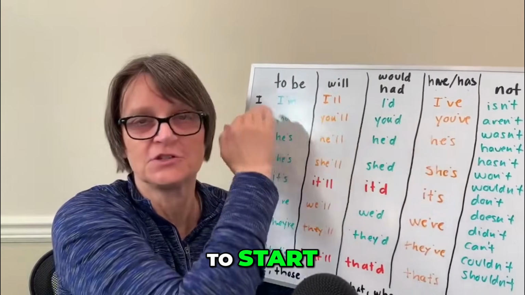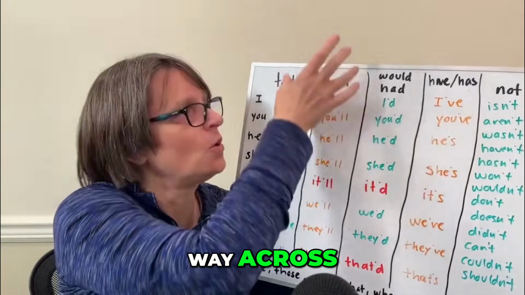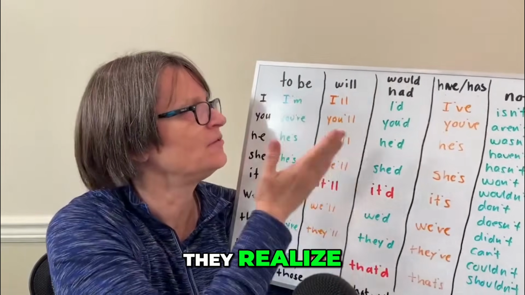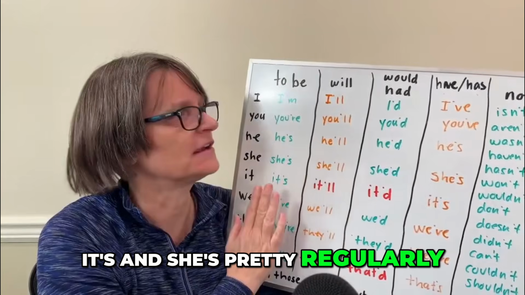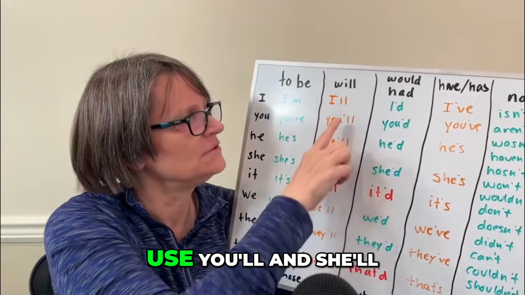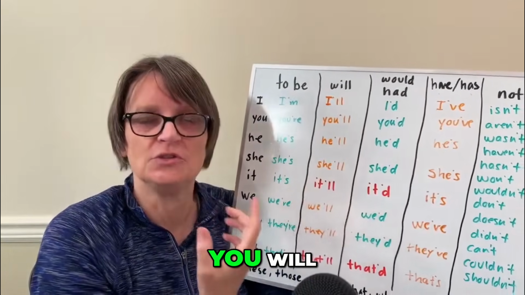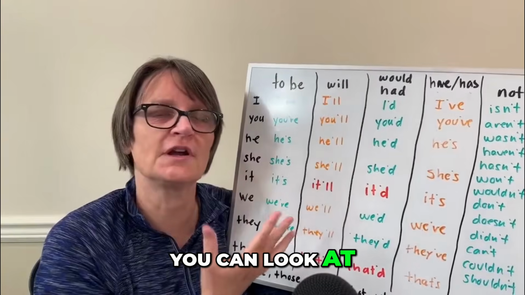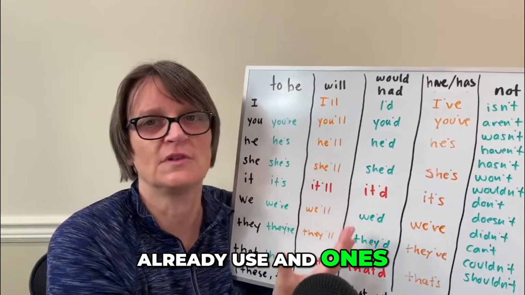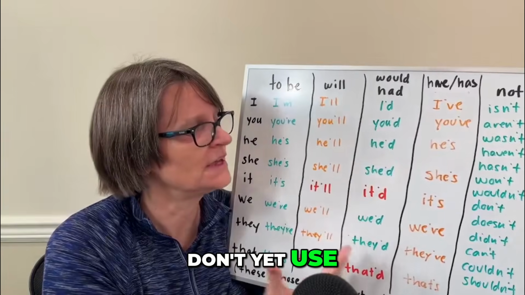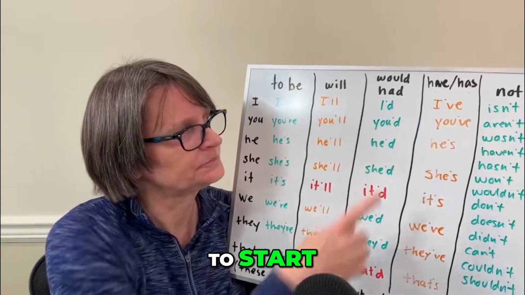That's a good place to start, kind of working your way across. Or for many people, they realize, yeah, I use I'm and it's and she's pretty regularly, but I don't really use you'll and she'll. I tend to say you will, she will. So if you can look at this and find contractions that feel natural to already use and ones that you recognize you don't yet use, that's a great place to start.